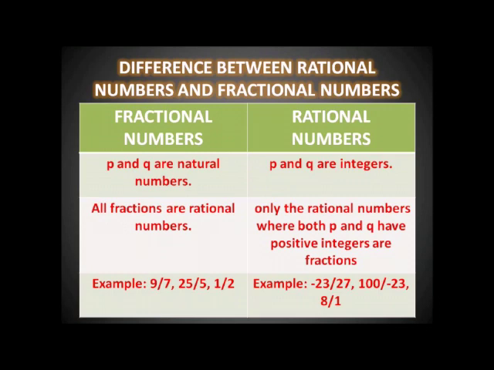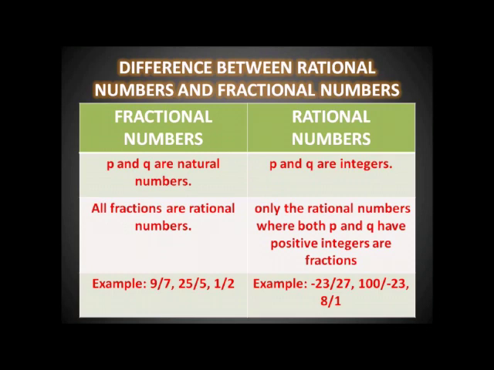Now, in fractional numbers, all fractions are rational numbers, but in rational numbers, only those rational numbers where both P and Q have positive integers are fractions, or we can say that all fractions are rational numbers, but all rational numbers are not fractions.